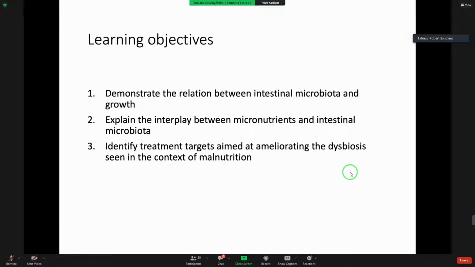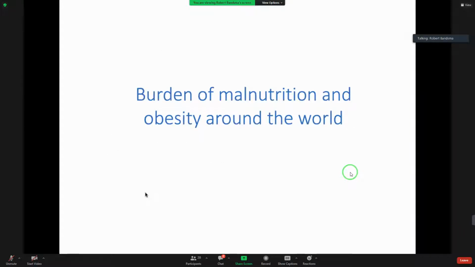And finally, I will also talk a little bit about, because that's still early stages, potential treatments to improve the microbial dysbiosis that we see in children with malnutrition, which is the population I really focus on for my research career.